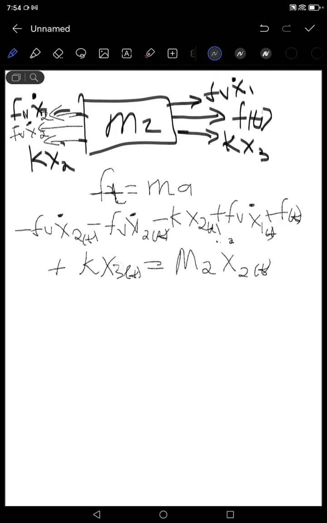And from here we can now substitute. Remember, all the dampers are 2, all the springs are 6 and all the masses are 4.